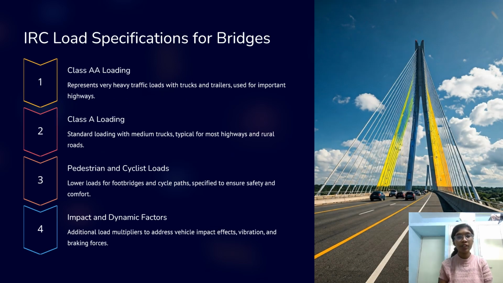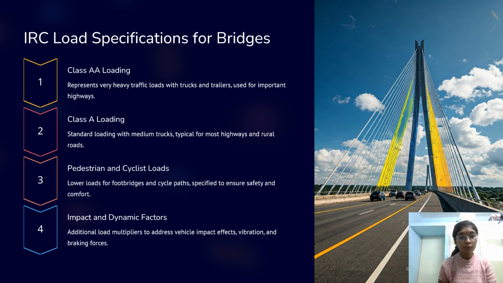IRC load specifications for bridges. Class AA loading represents very heavy traffic loads with trucks and trailers on important highways. Class A loading is standard loading with medium trucks, typically for most highways and rural roads.